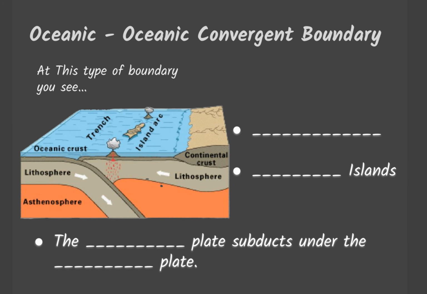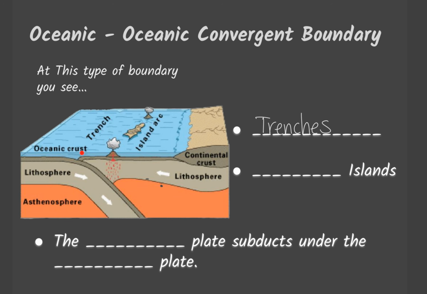At oceanic convergent boundaries, there's certain types of characteristics that we see. So at this type of boundary, you would expect to see trenches first and foremost. And a trench is a feature where, as this plate is subducting, so we have this first plate subducting over here going down into the mantle, it bends the other plate with it.